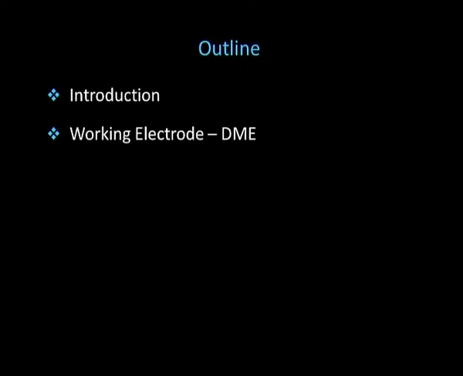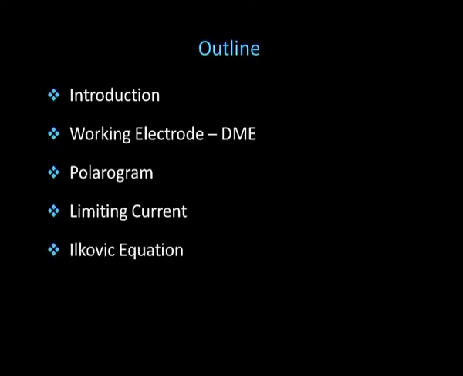It is basically the dropping mercury electrode. Then the information obtained is known as a polarogram, which is a current potential curve. Then we will talk about limiting current, diffusion current and the Ilkovic equation, which is the basis of determination by using polarography.